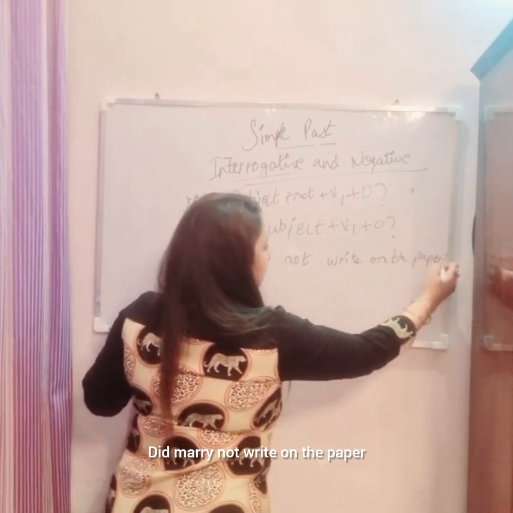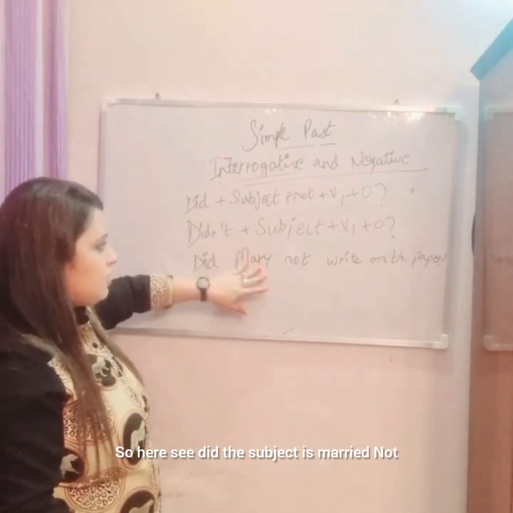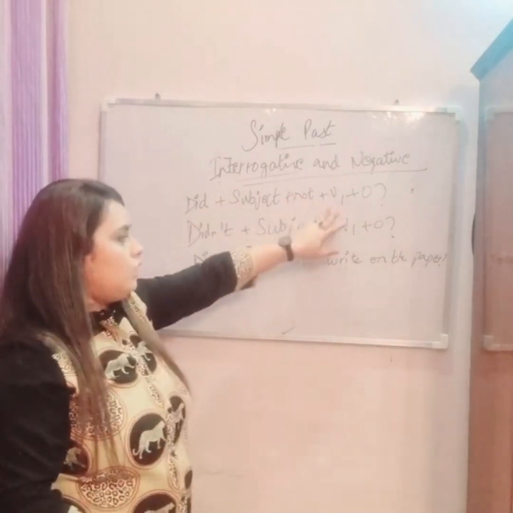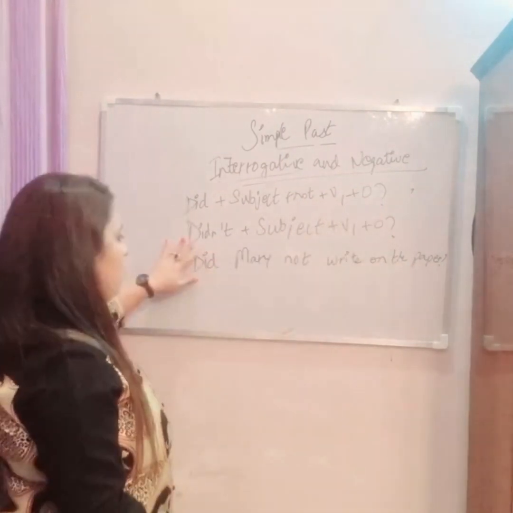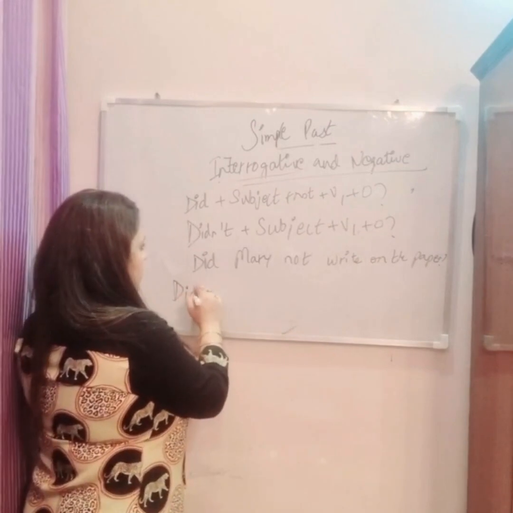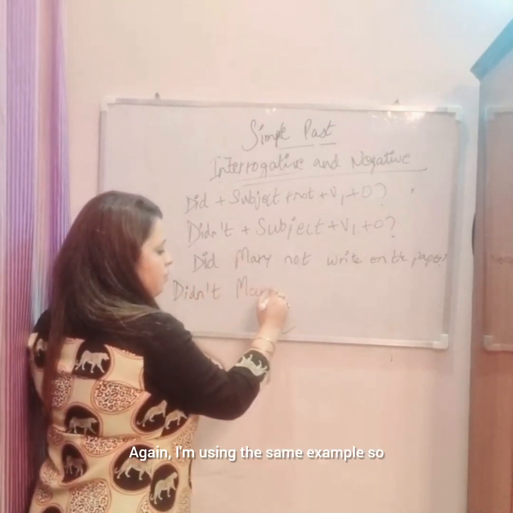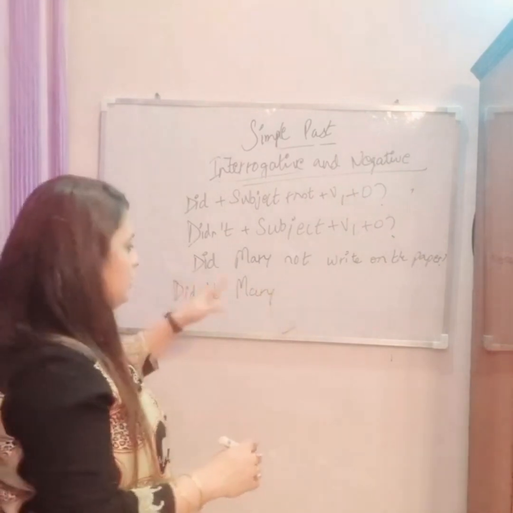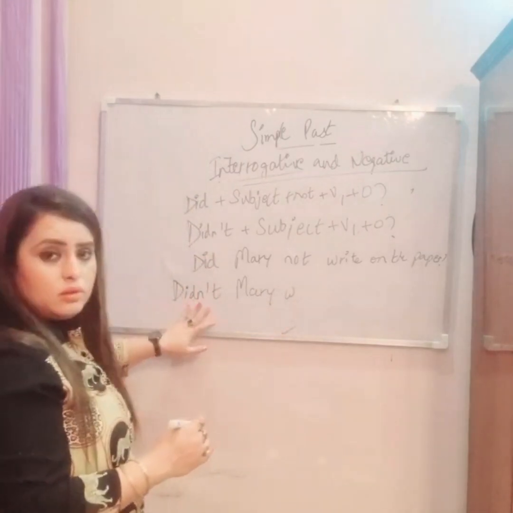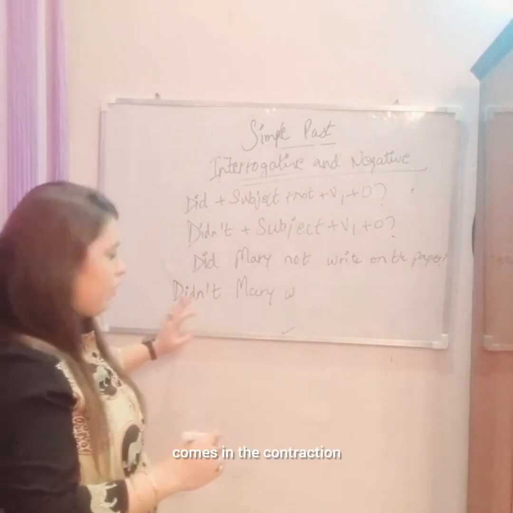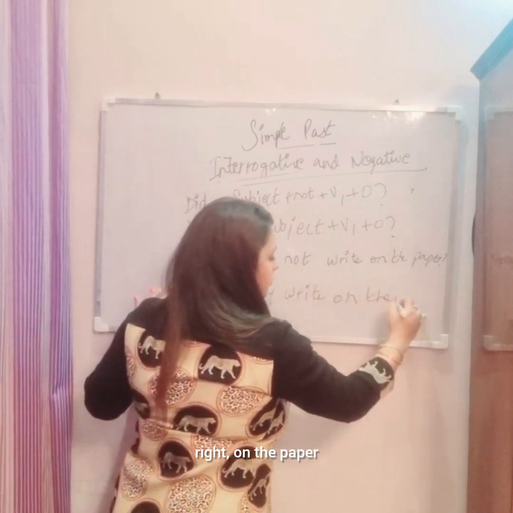So here see did, the subject is Mary, not, word first form is write, and object is on the paper. Now it is didn't, and the subject, again I'm using the same example so that you can compare. Didn't Mary, here I'm not going to write not because not also comes in the contraction. Didn't Mary write on the paper?